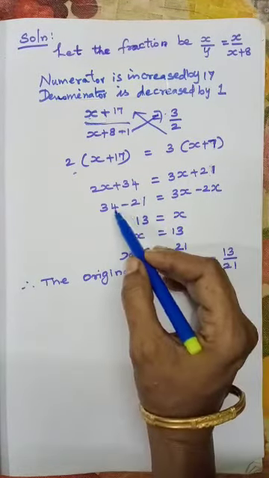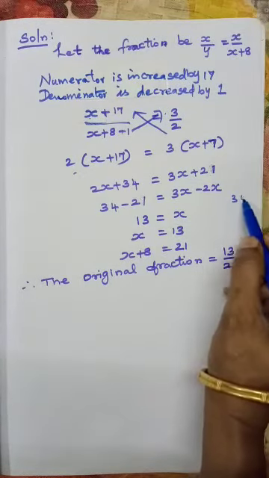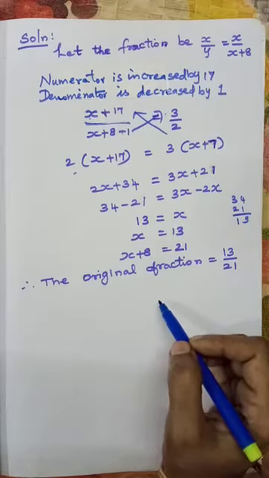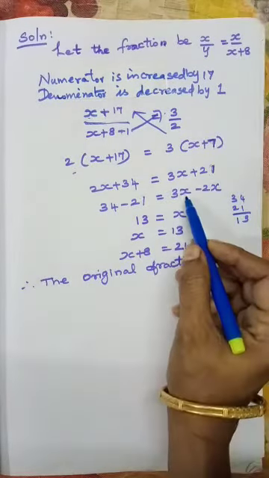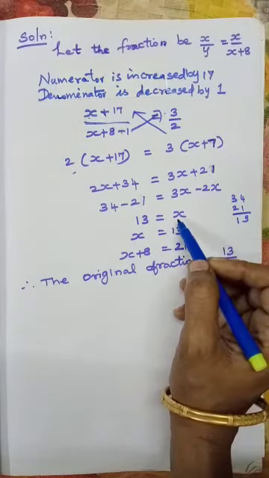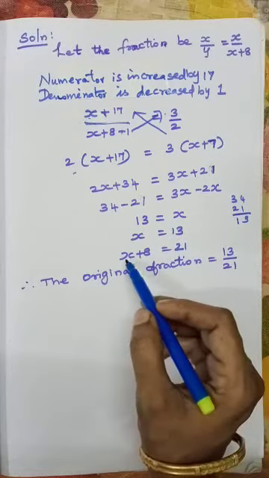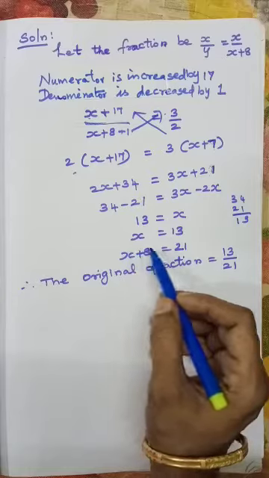34 minus 21 is 13, isn't it? So 3x minus 2x is 1x. So x is equal to 13. Now x plus 8, this is the denominator, no?